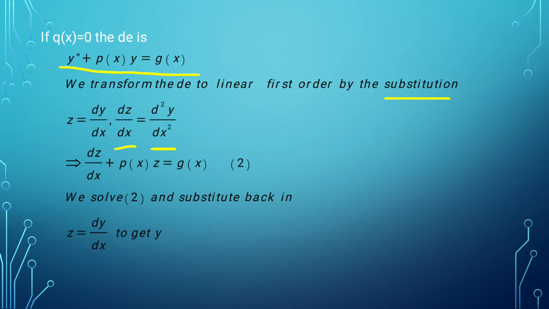If we go back to our general equation and substitute respectively, we come up with this second equation, which is easy to solve. After solving it, we substitute back z with its respective derivative so that we are able to get y. Remember, the solution should contain y.